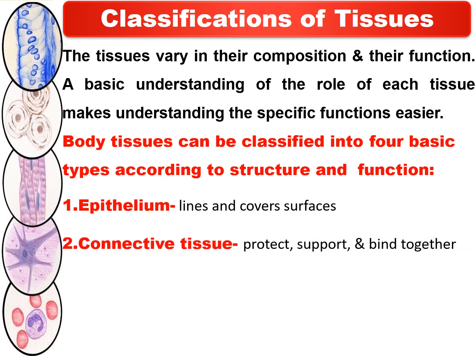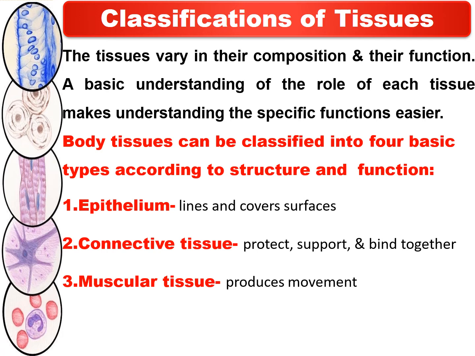The second one is the connective tissues. Connective tissues provide protection and support by binding the organs and the organ systems. Then the third one is called the muscular tissues.